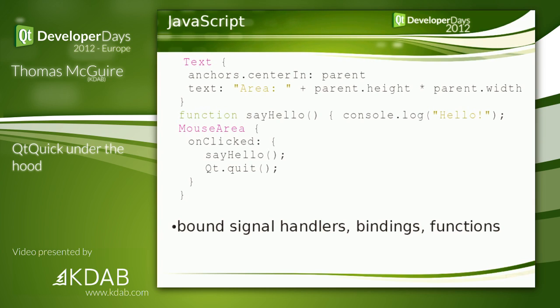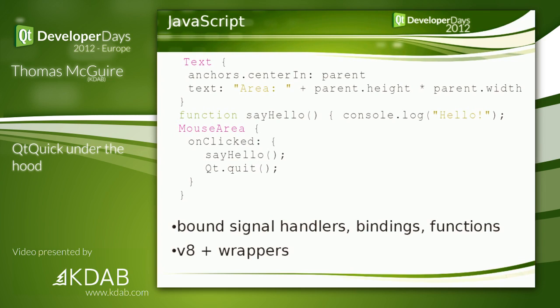Or for this bound signal handler, the QML engine will create a little helper object with a slot, connect that to the clicked signal of the mouse area, and in the slot it will evaluate the JavaScript. The JavaScript engine used for that is called V8. I think Google invented it for their Google Chrome browser. It's supposedly faster than JavaScriptCore, which was used in Qt 4.